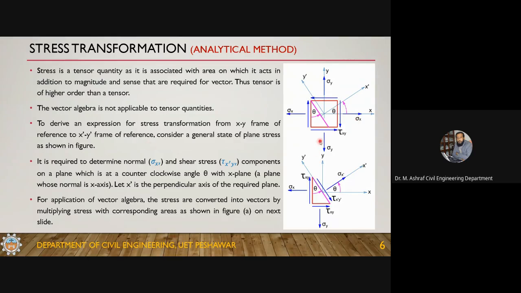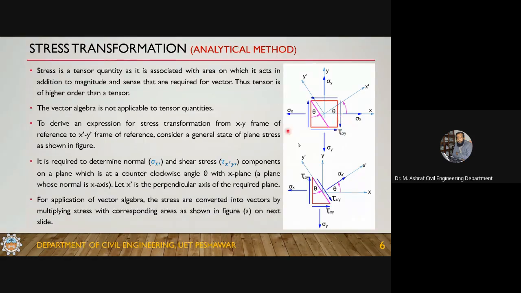It is subjected to sigma x, sigma y, and a shear equal to tau xy. This is tau yx, but since we know that magnitude-wise they are the same, I've written just tau xy.